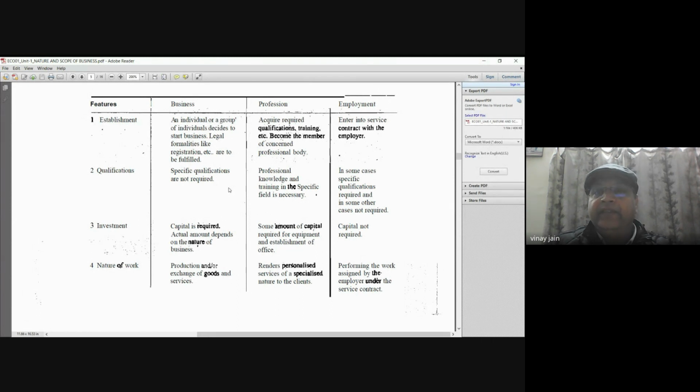And guys, if we just go by employment, in some cases specific qualifications are required, and in other cases not.